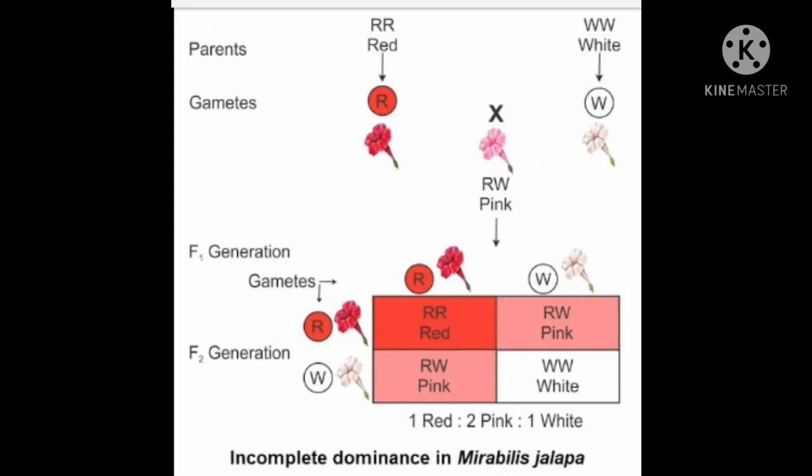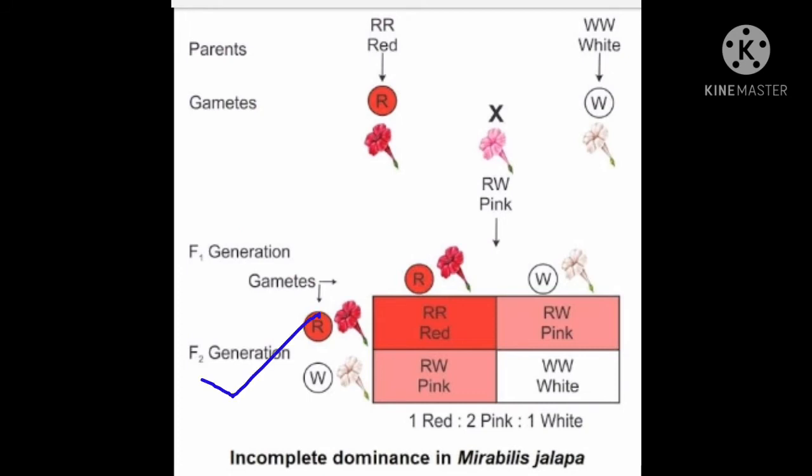Here pink is the intermediate product of red and white flowers, which shows capital R and capital W. Then when the F1 hybrids are selfed, the F2 generation is raised.